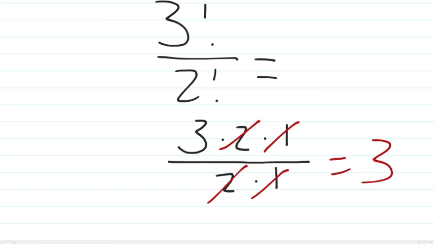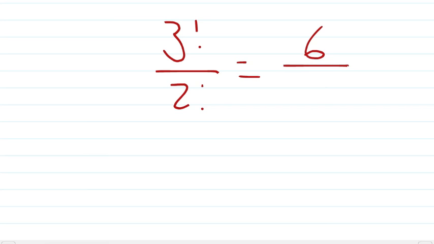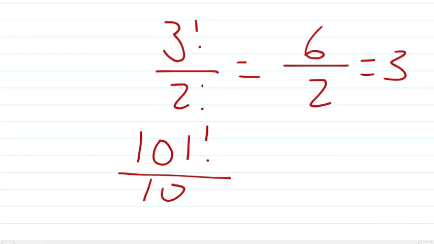Everybody good with that? Now, you can also do 3 factorial over 2 factorial is what? 6 over 2 is equal to 3. And some of you probably did that when you got some of these factorial expressions. However, that doesn't work out too well if you get 101 factorial over 100 factorial.